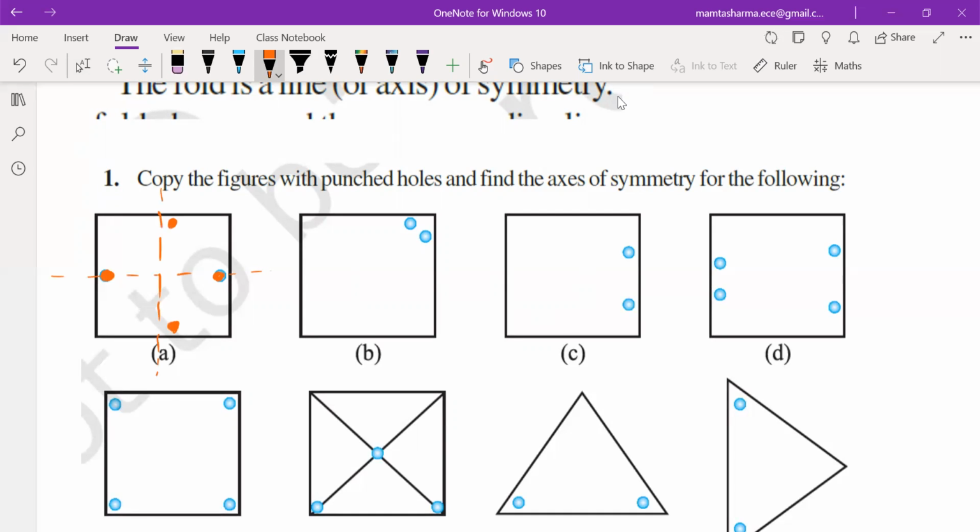When you fold it along the horizontal axis, you would see the hole over here. Okay. So for these holes, the line of symmetry would be along the vertical.